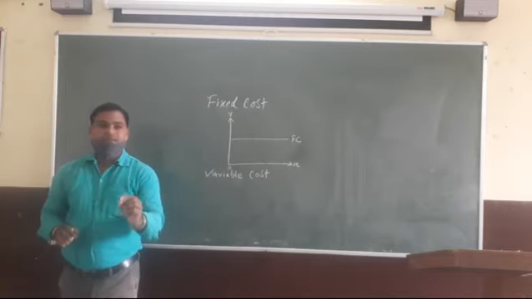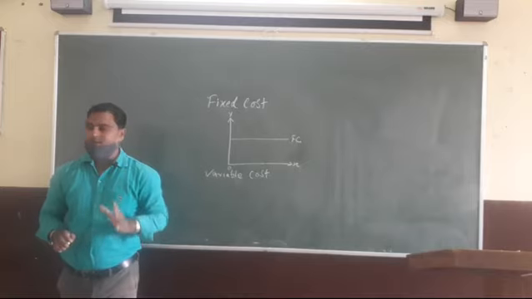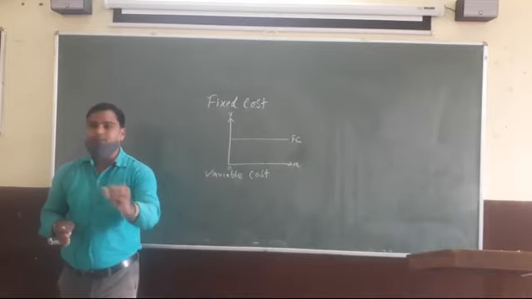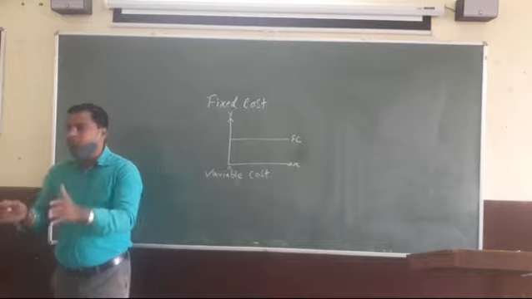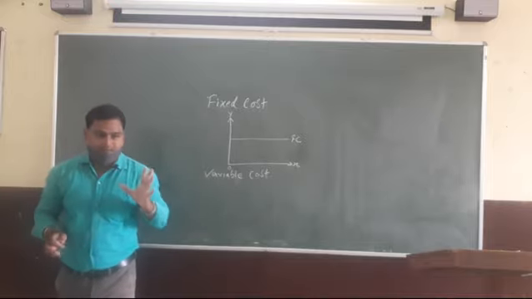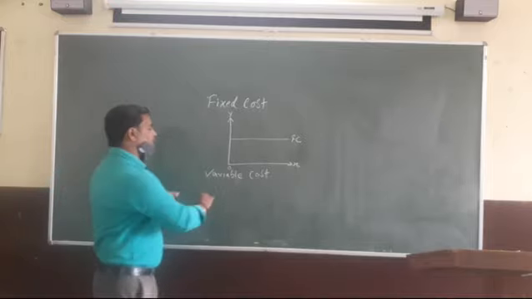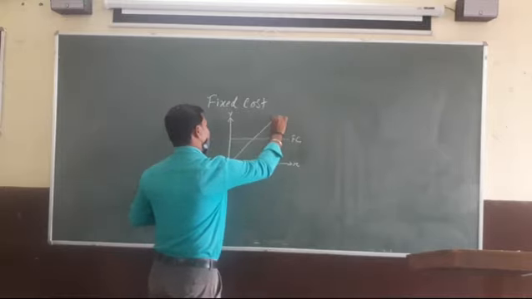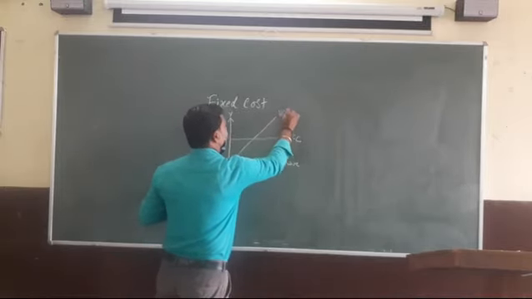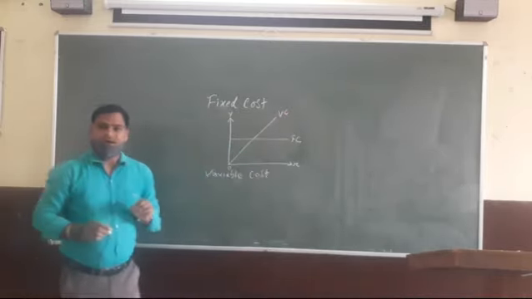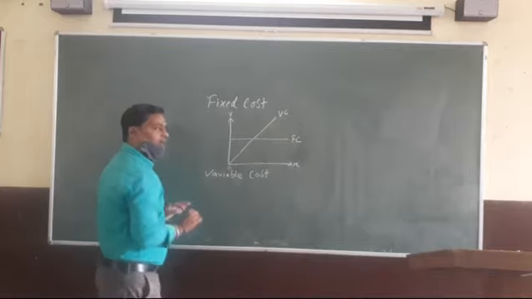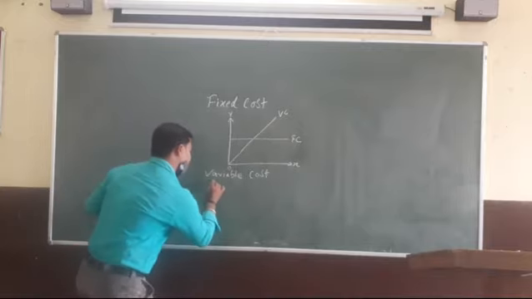Such as the payment paid to the labor. If you are manufacturing, you will pay the labor. If you are not manufacturing, you will pay nothing to the labor, right? So it always starts from the origin. This is variable cost (VC), and another is semi-variable or semi-fixed cost.